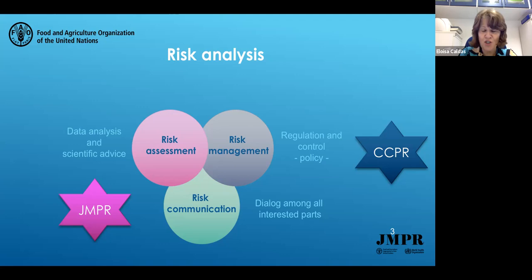In Brazil, for example, Anvisa does everything as far as MRL setting and management decision. It's Anvisa who does the dietary risk assessment, and Anvisa establishes the MRL, which is the regulatory and management decision here.